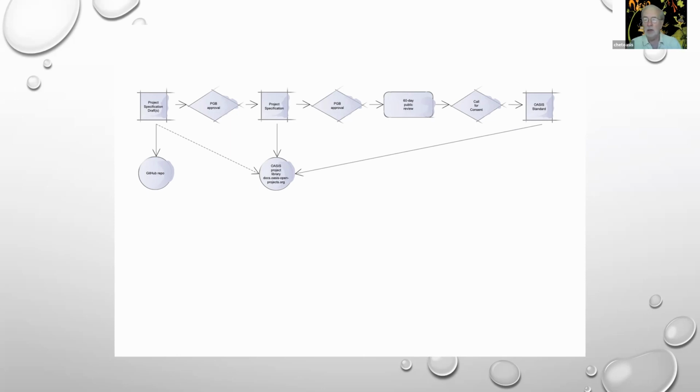For the most part, people believe it's been through the process, so we're happy to see it go to OASIS standard. Once the call for consent is done, then it becomes approved as an OASIS standard, and we publish it and announce it, and we add it to our list of standards, and then you take it from there. So that is the end-to-end process.